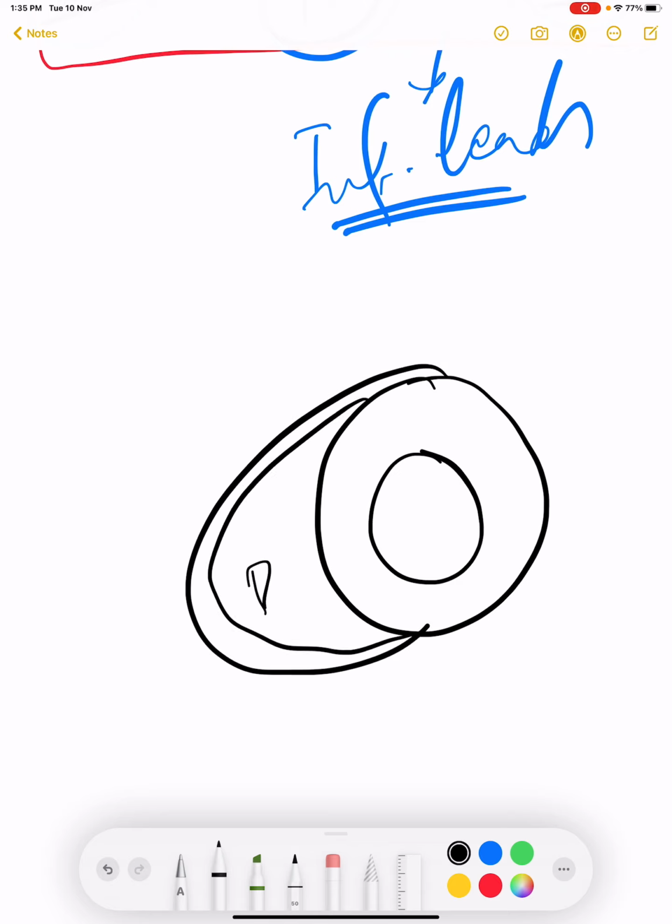This will be our right ventricle, this will be our left ventricle, and our heart is sliced along its short axis. Then the chest leads will be located over the AP diameter. This will be lead 1, 2, 3, 4, 5 and 6.